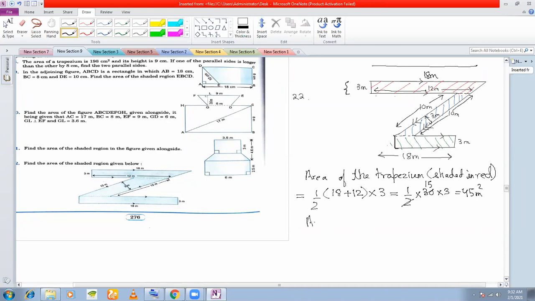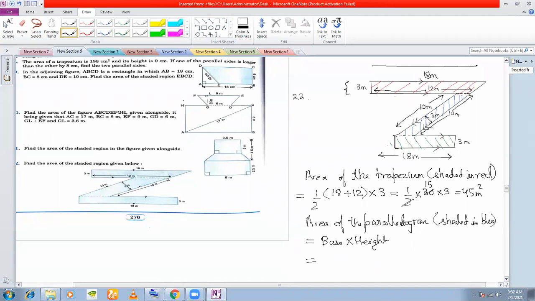Next, area of the parallelogram, let's say shaded in blue. Now what is the area of the parallelogram? You know it is base into height. So which one should be the base?